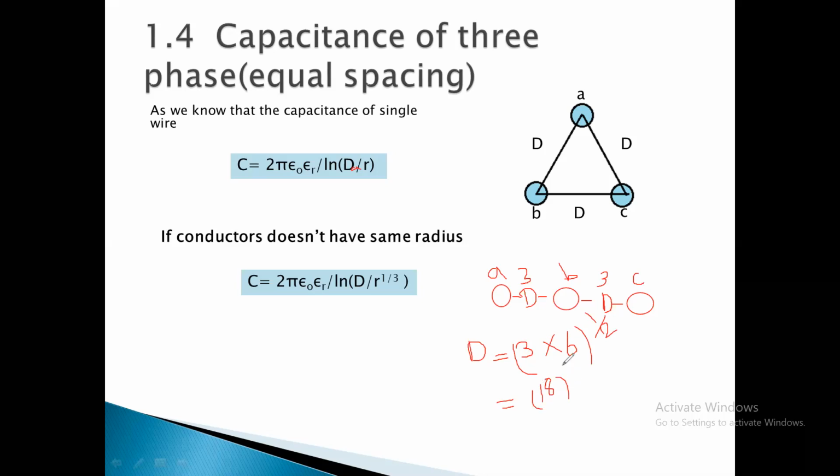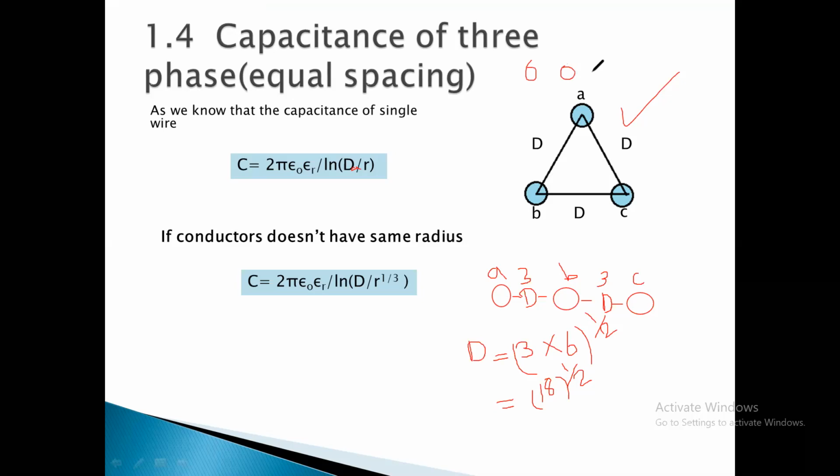So it is not the same as this one. You have to watch closely while you are solving this problem that equal spacing means symmetrical, they all are at the same space. In unequal spacing, you must know this.